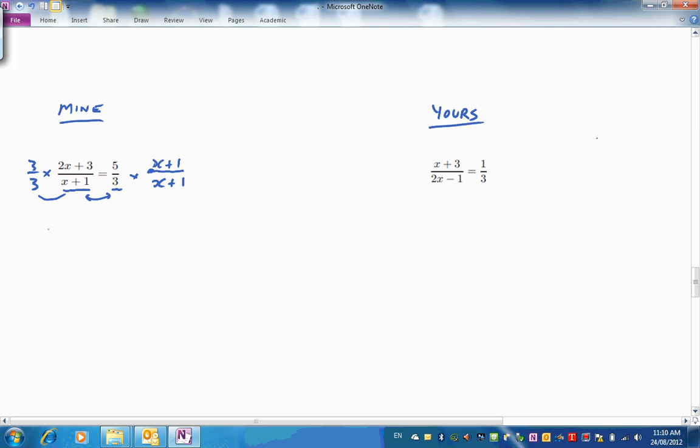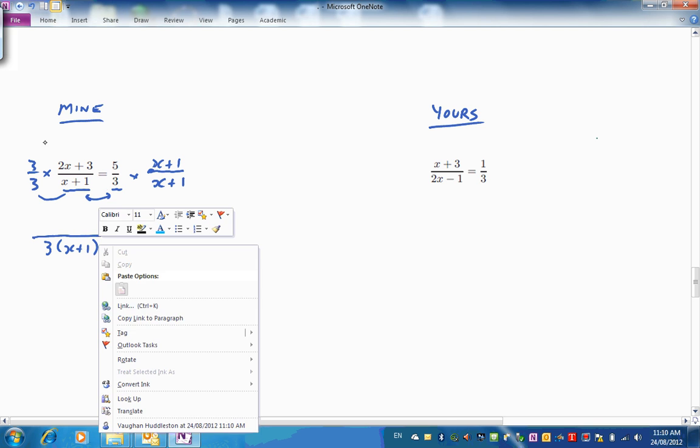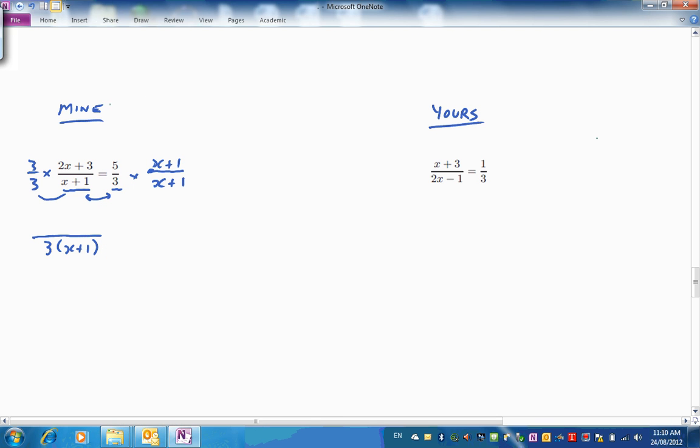Over on this side, we've got a denominator of 3 times x plus 1. And in the top line now, we have 3 times all of 2x plus 3. So it's 3 times 2x is 6x, plus 3 times 3 is 9.